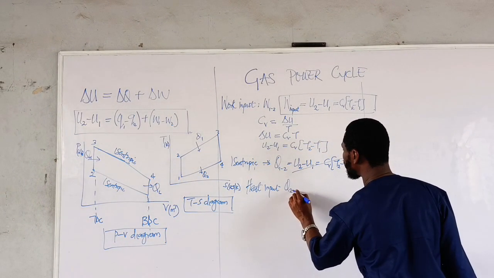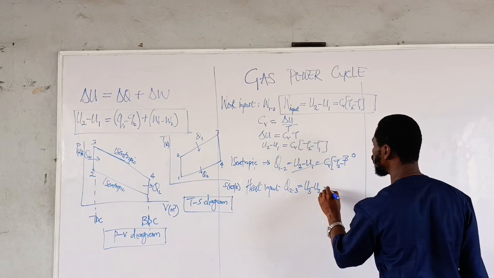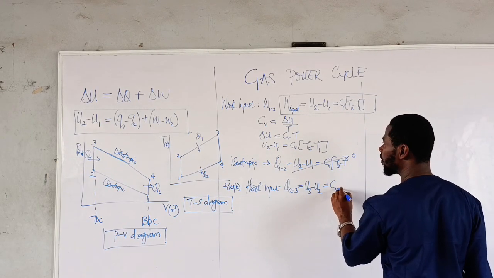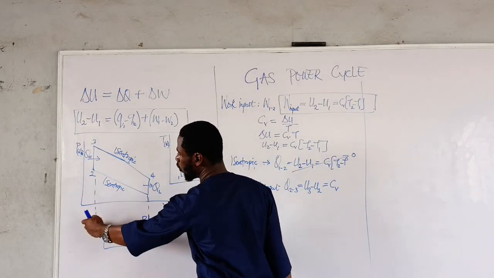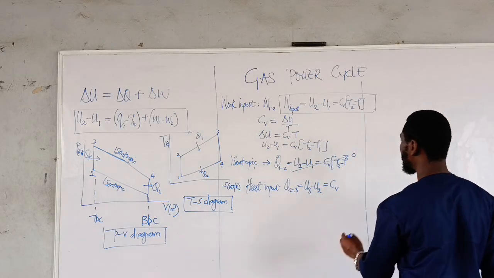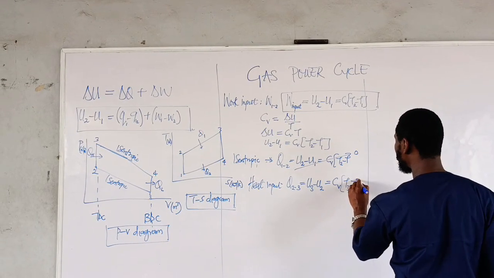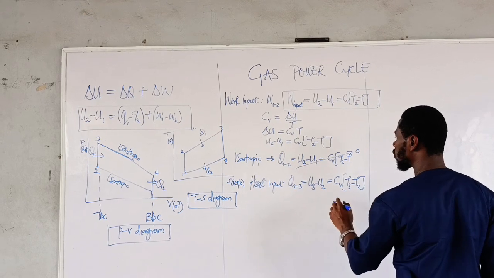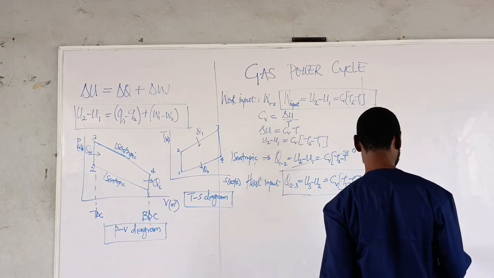So Q2 to 3 equals U3 minus U2, which is the same thing as CV. You notice that the volume is constant at this level. Yes or no? Yes, sir. So CV into brackets T3 minus T2. So that is the heat input in this case.